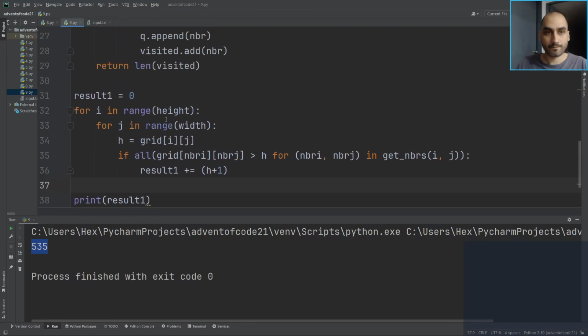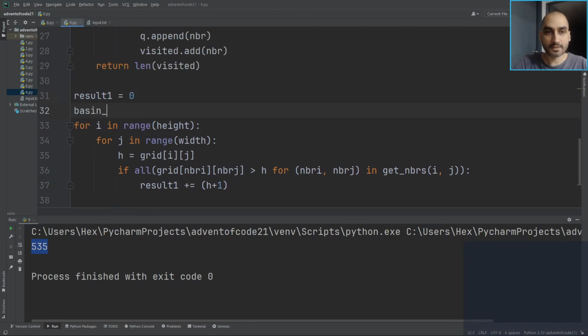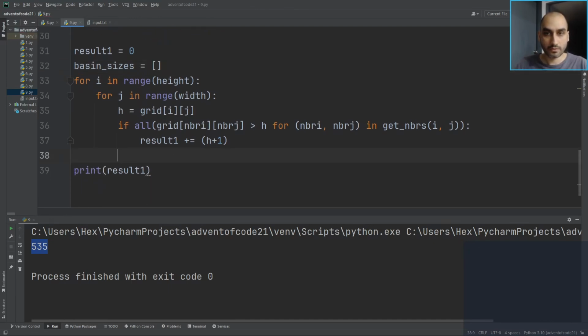All right. Basin sizes is just a list. All right, now. So we found a trough.